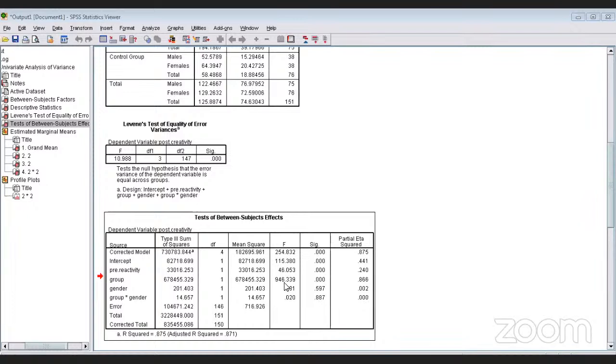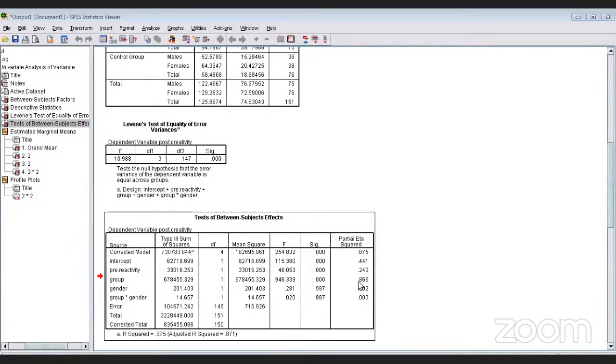In the group, means the thinking strategies, here my adjusted F value is 946.339. And it is significant at 0.01 because here error is 0 and you cannot have 0 error. It is 0.00, only 3 decimals.